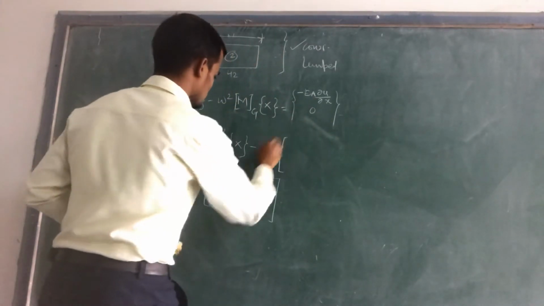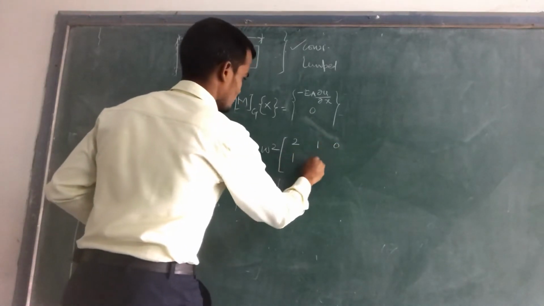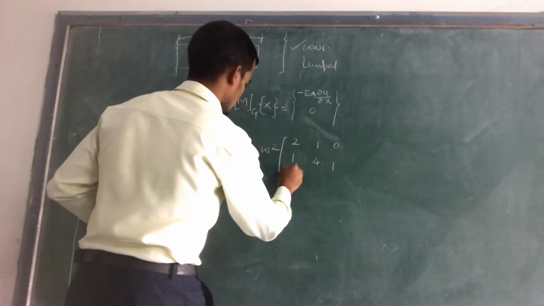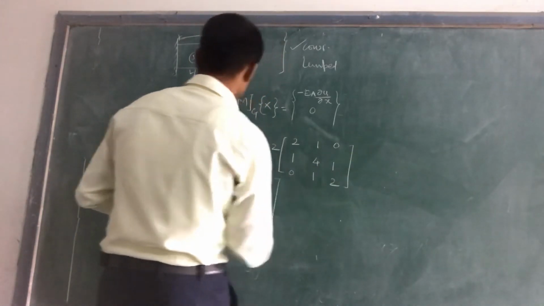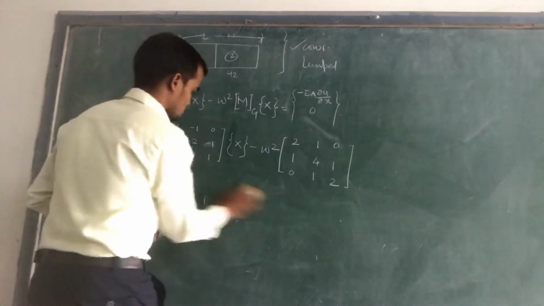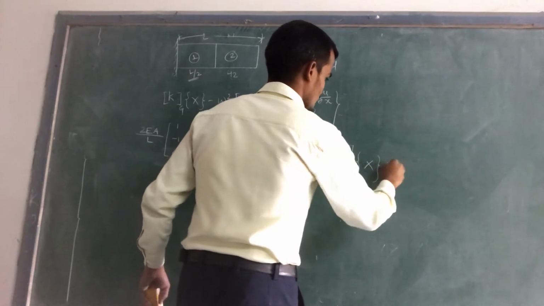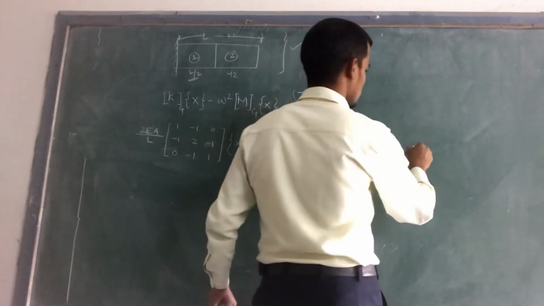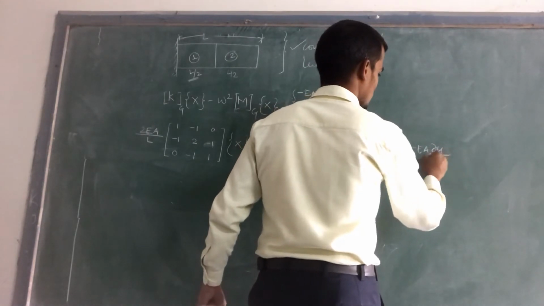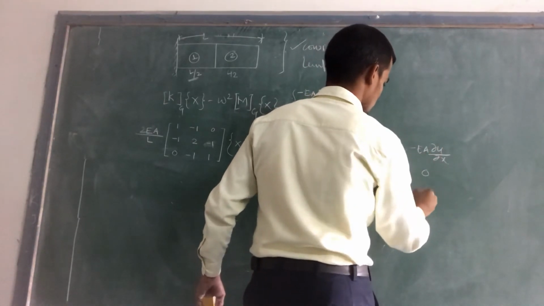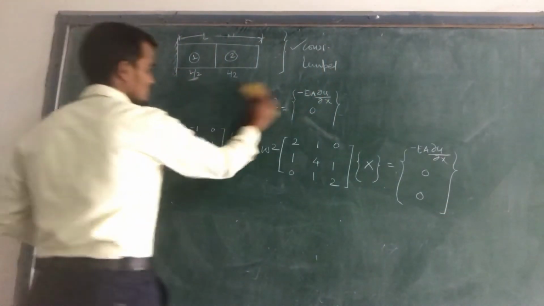So this mass matrix is equal to 2 1 0, 1 4 1, 0 1 2. Okay, so we can write this mass matrix here also, is equal to the boundary condition, that is minus EA dou u by dou x, 0, 0. Okay, so this is written.